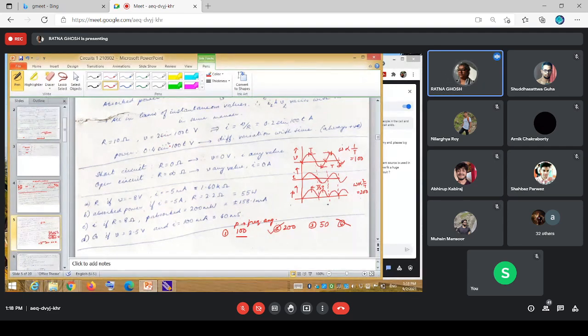Or else, in other words, if you're looking at sine square theta, then sine square theta is related to cos 2 theta as a component: (1 minus cos 2 theta) by 2. So your theta changes to 2 theta. So here also you can understand from that representation.